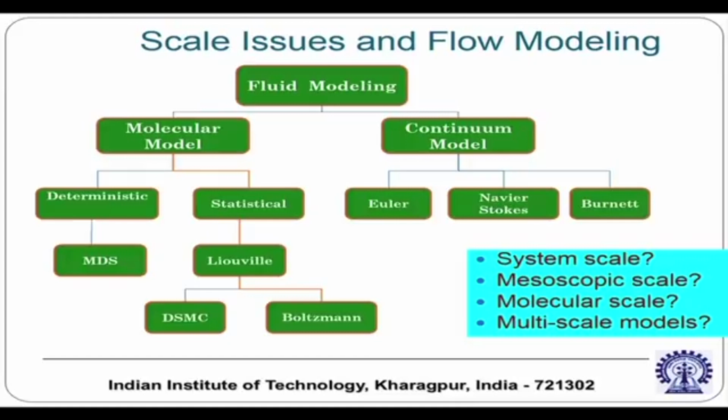If that is so, then one has to invoke molecular modeling, or there are some issues related to concepts known as multi-scale modeling, and I will discuss a little bit about those issues if we have some time after we discuss molecular dynamics.